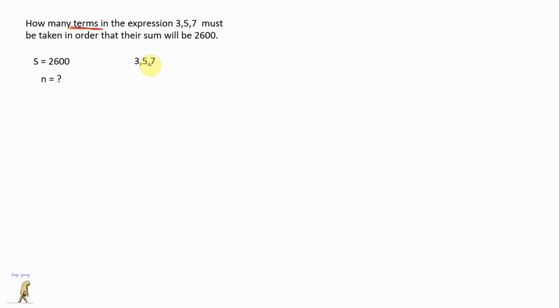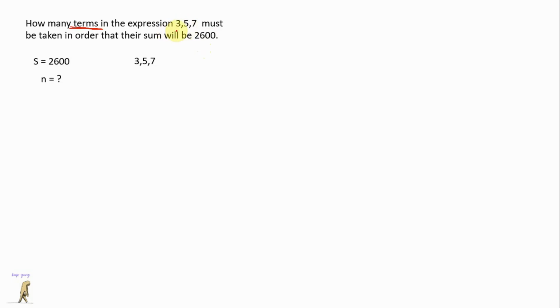The 3, 5, 7 is the expression that we have. In order for us to know if a specific progression problem is arithmetic or geometric, we know arithmetic progression has a common difference and geometric progression has a common ratio. So let's test if it has the same difference, okay?